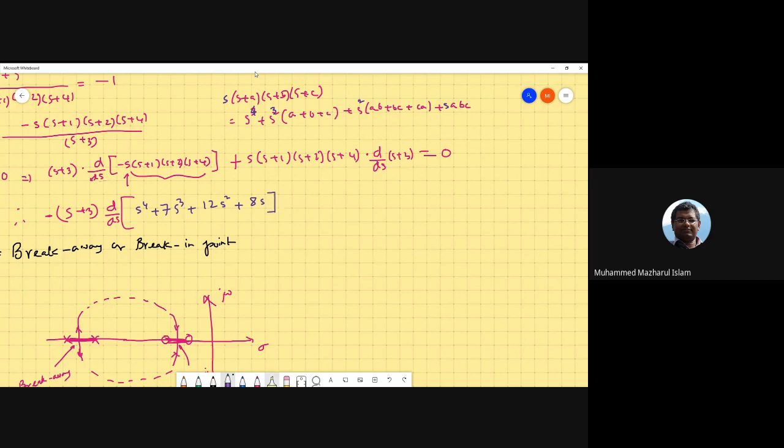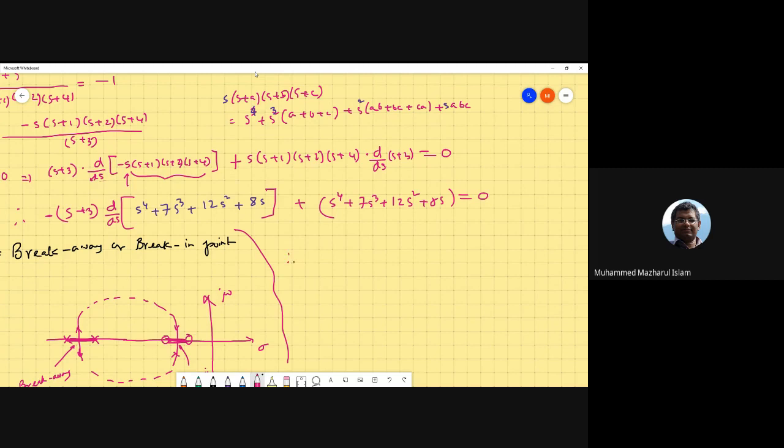Okay? Now you have to differentiate the whole thing. And at the right side we have just s into s plus 4, the polynomial itself. So 7s cube plus 12s square plus 8s into 1. This is equal to 0. Differentiating the whole thing and then multiplying by s plus 3 will result in something.